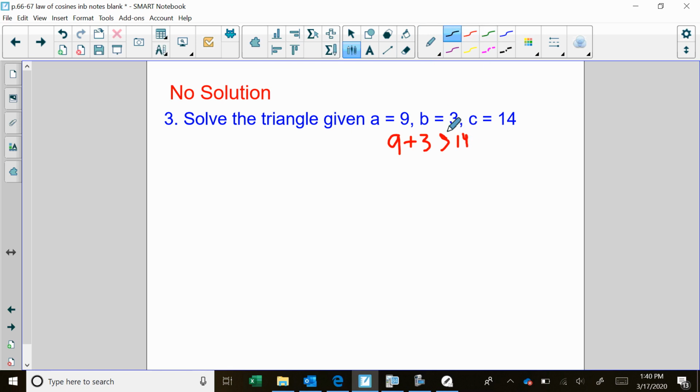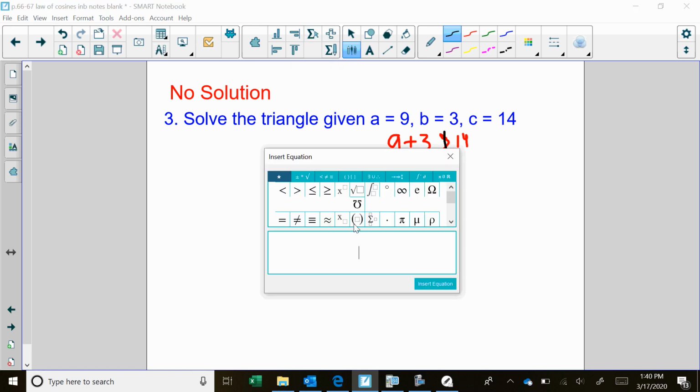So that's a problem. In other words, this triangle doesn't exist. 9 plus 3 is only 12. 12 is supposed to be bigger than 14. So this doesn't exist. As we type this in, you'll get an error message after you start calculating.